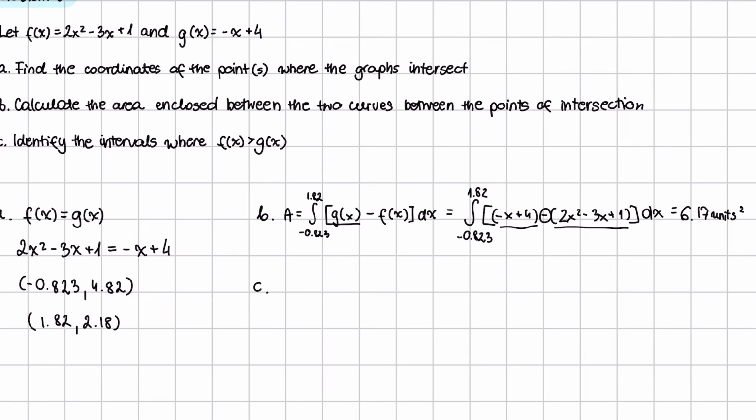In C, we have to identify the intervals where our function f(x) is greater than g(x). And now we have to go back to our graph, because our f(x) is a parabola, and you have to find where our parabola is greater than our straight line.